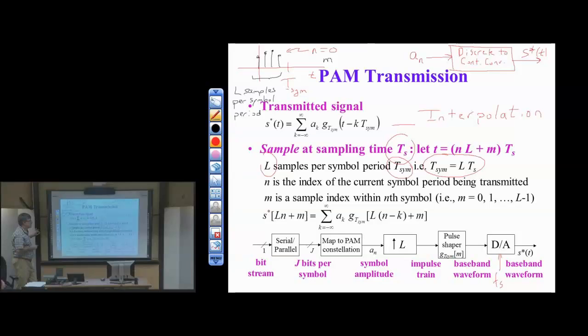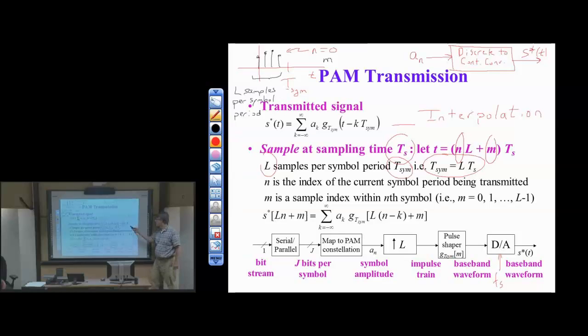So you're going to have two dimensions to worry about, even though time is one-dimensional in seconds, I have two ways to index into that. The symbol index and then the sample within the symbol index. So the way I can find where I'm at in terms of samples is I give you the symbol index, little n, and then the sample value within that symbol period.